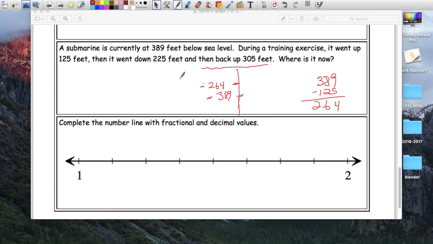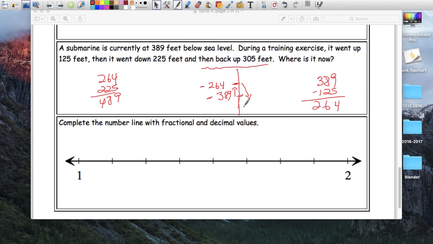That was part one, and then he went down 225 feet, so from 264 you're going to add, because you're going down.